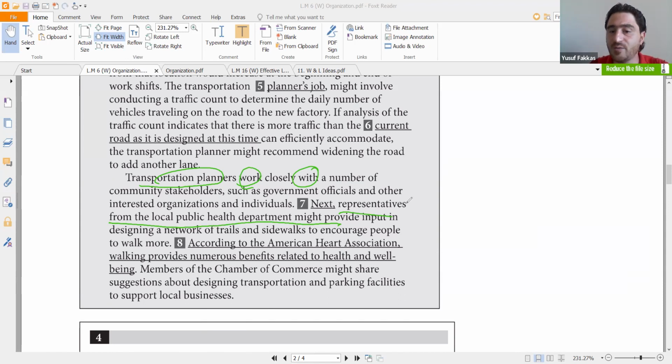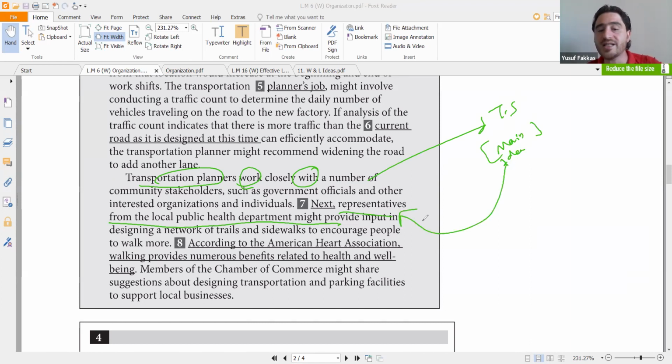So if you remember, the relationship between these ideas: this is the topic sentence, which means in this sentence I have a main idea, which is who transportation planners work with. The second sentence mentioned representatives as a way of giving an example. So the relationship between these two sentences is main idea followed by an example.